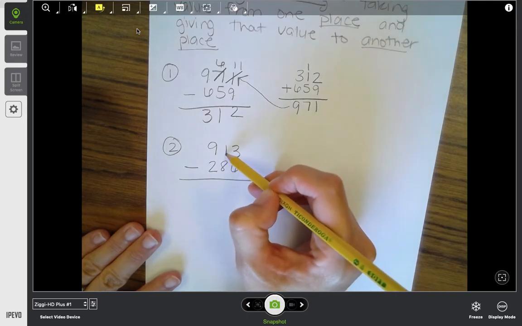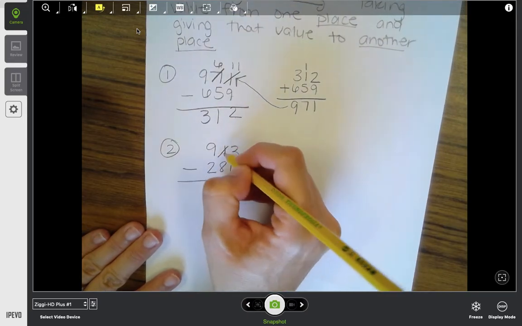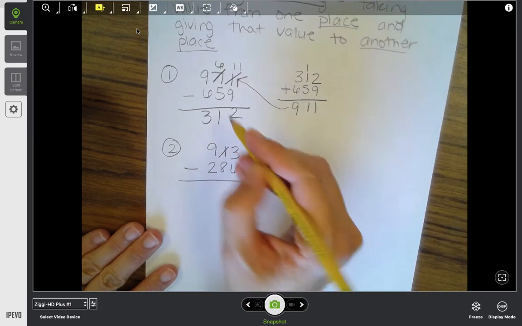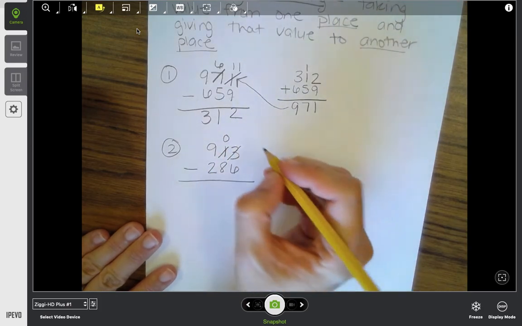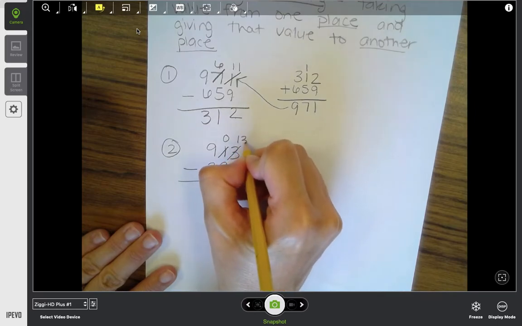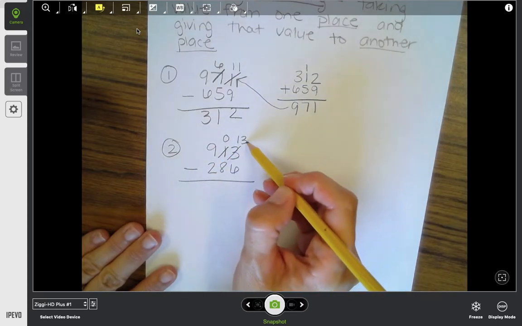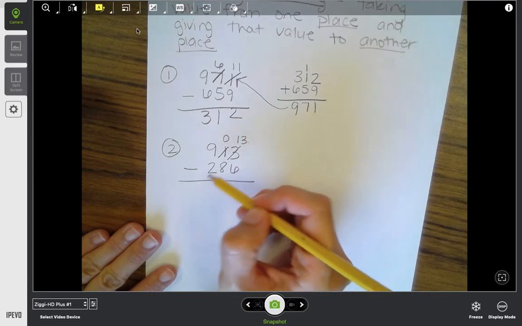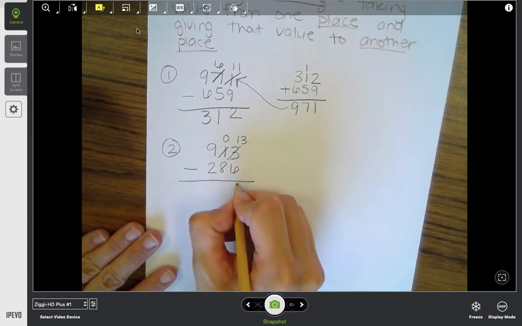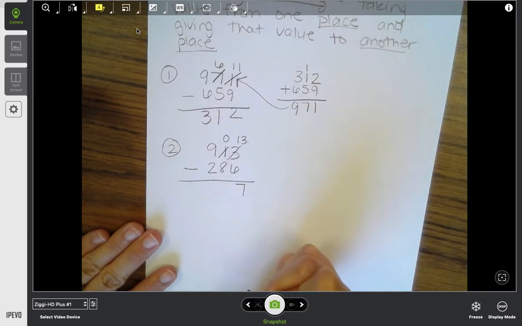I'm going to go to my tens. I'm going to borrow one of these tens, and that means I won't have any tens left, okay? But I'm going to add them to the 3. So when I add 10 to the 3, that makes my 3 a 13. Now I can do 13 minus 6, and that is 7, okay?